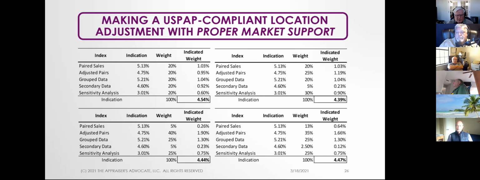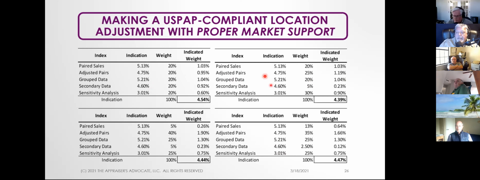Sensitivity analysis, I tend to like this more and more because we've already adjusted the properties for everything else. And depending on how well you feel about the adjustments, how well that worked, then you can use sensitivity analysis for that one last adjustment. And we'll show you that.